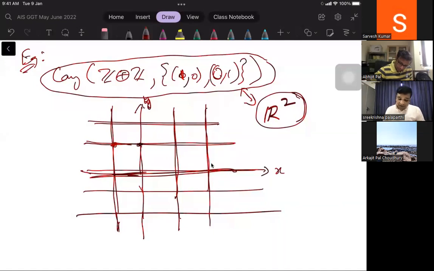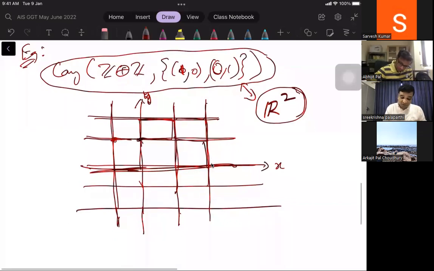In order to do that, notice that this graph space has holes in it, and so it lost dimensionality with respect to R2.